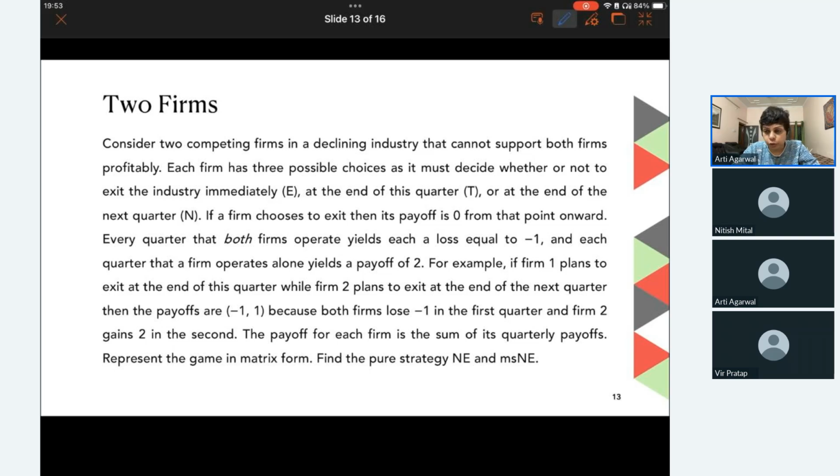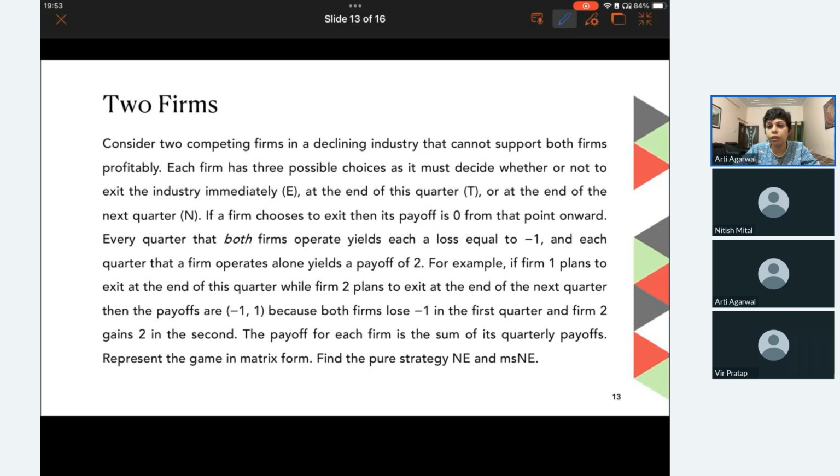If a firm chooses to exit, then its payoff is 0 from that point onwards. So if I exit now itself, my payoff for all the 3 quarters becomes 0 because I'm not operating. So I don't have any payoff. Every quarter that both firms operate yields a loss of -1, and each quarter that a firm operates alone yields a payoff of 2.